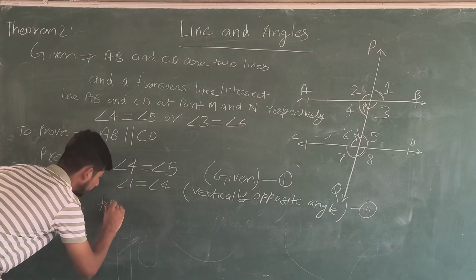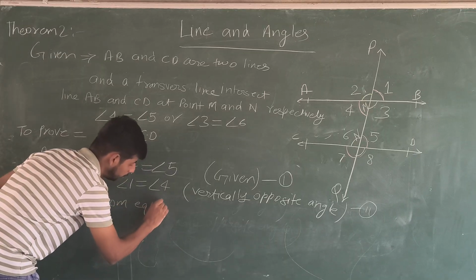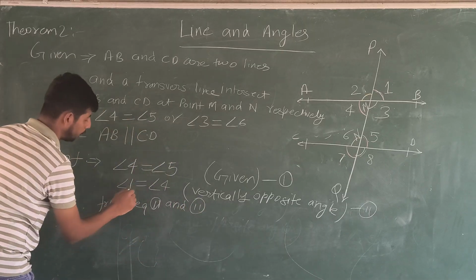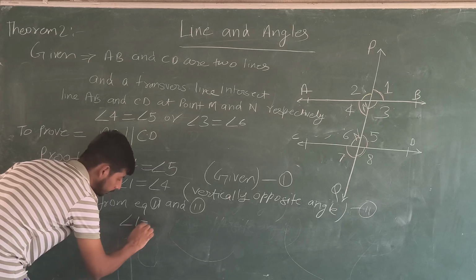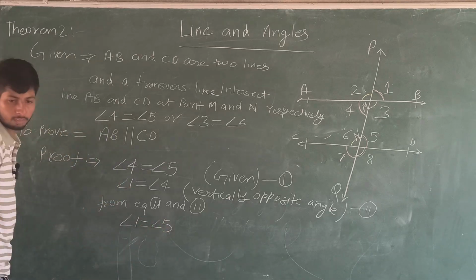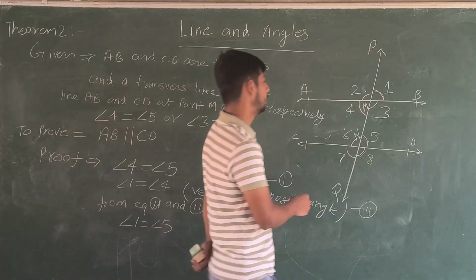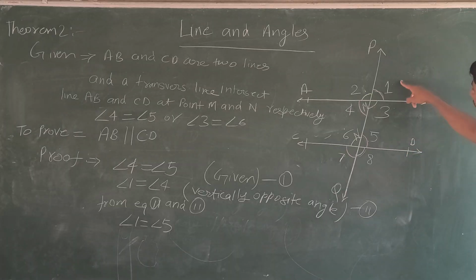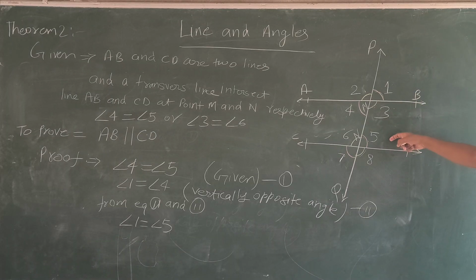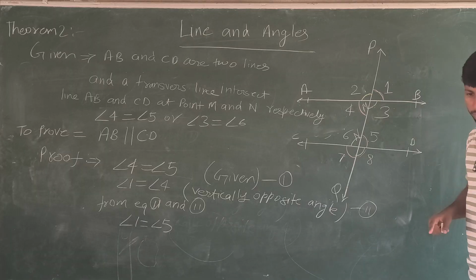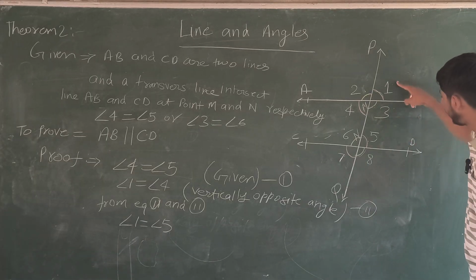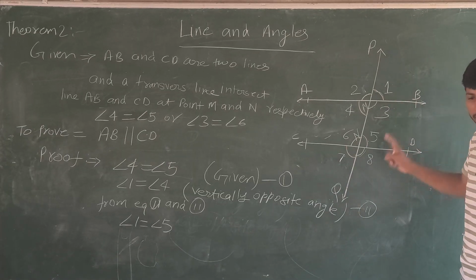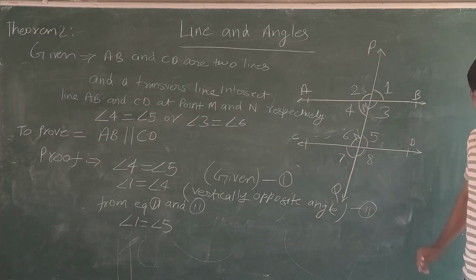So from equations 1 and 2 we can say angle 1 is equal to angle 5. Angle 1 is this one and angle 5 is this. Angle 1 and angle 5 are corresponding angles. I already told that if corresponding angles are equal, then the lines should be parallel.